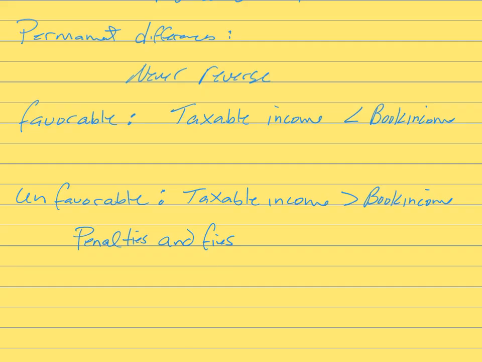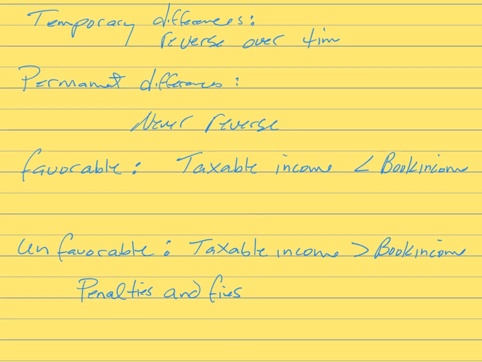An example of a favorable book to tax difference would be interest income from municipal bonds. All right. These are both examples of permanent differences. And you can have obviously favorable and unfavorable temporary differences as well. I just thought it made sense to keep the examples similar.